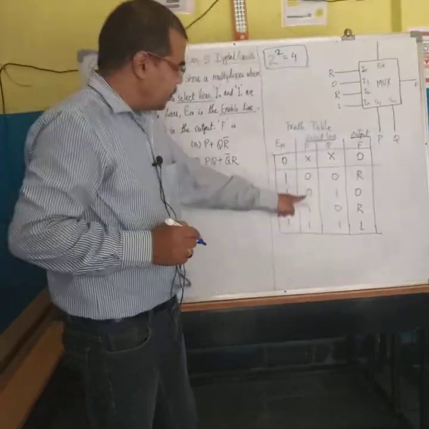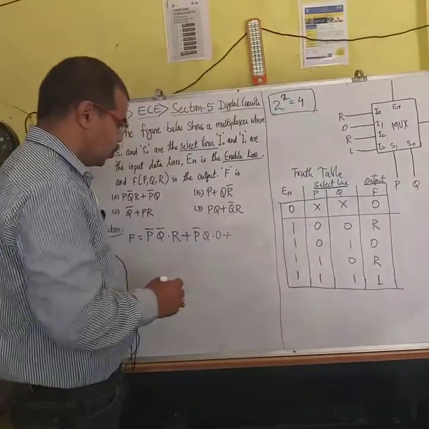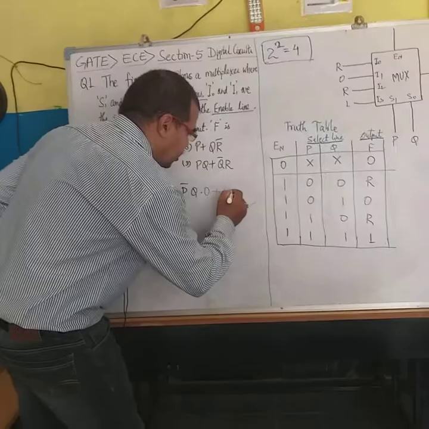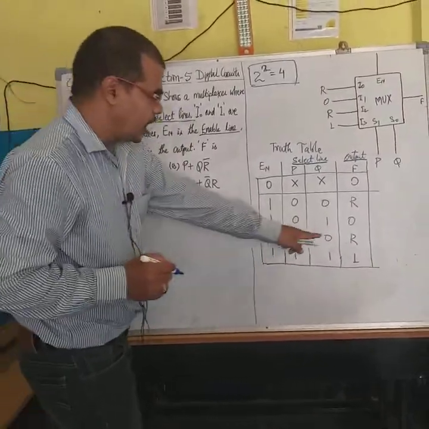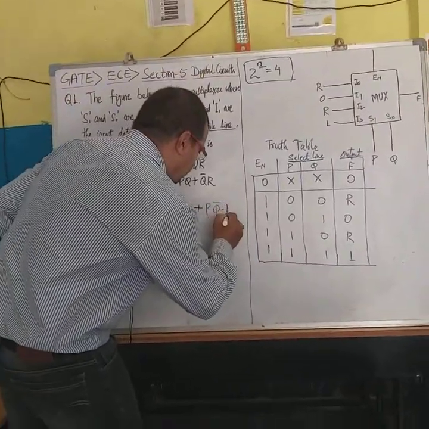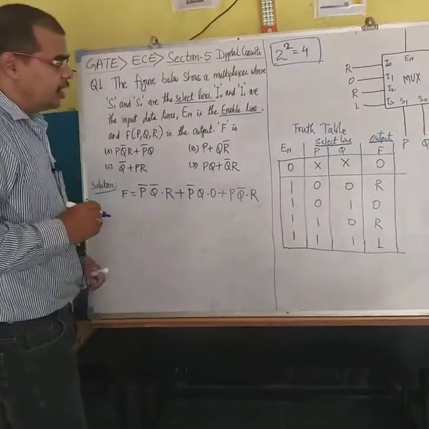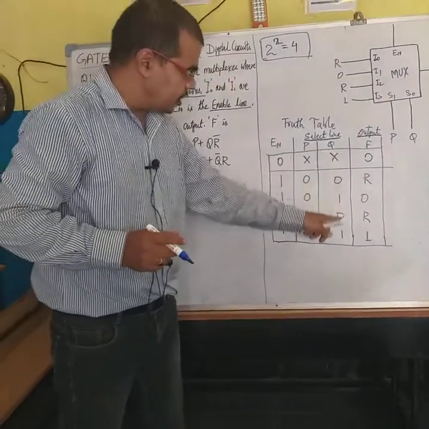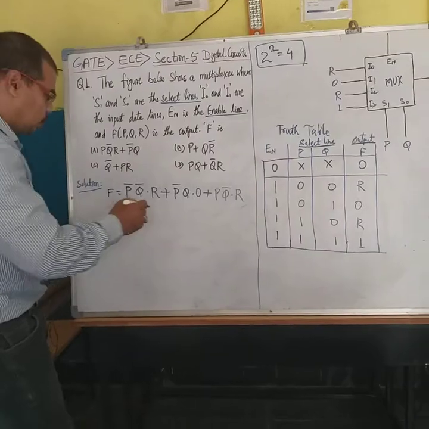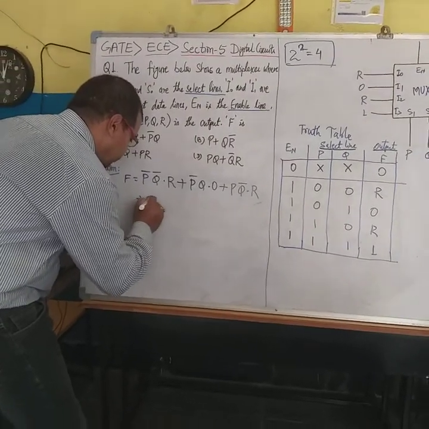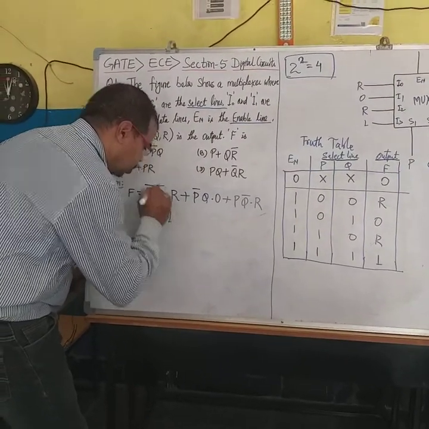Plus, here P is 1, Q is 0, so you will be having P Q bar and output is R. And finally P as 1, Q as 1 and output is 1, so we will be having PQ dot 1.